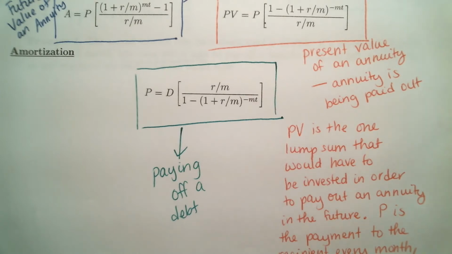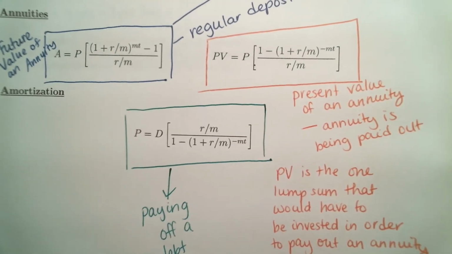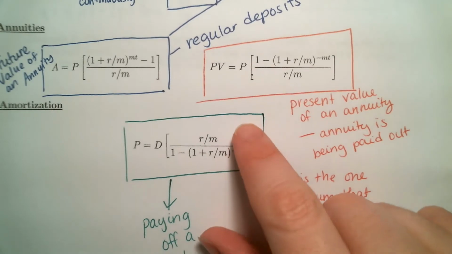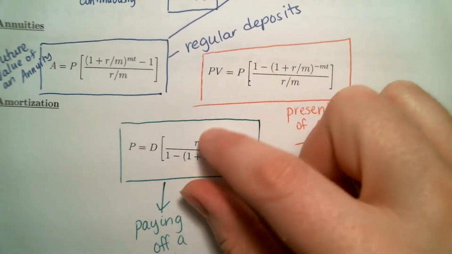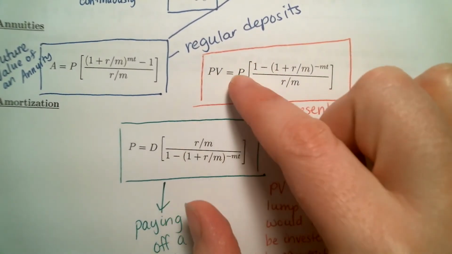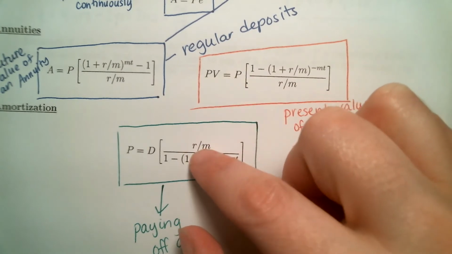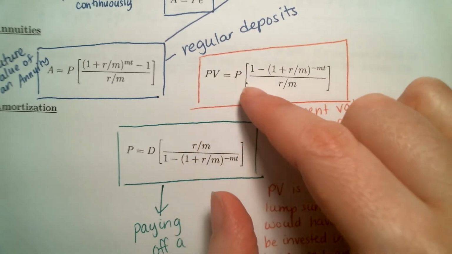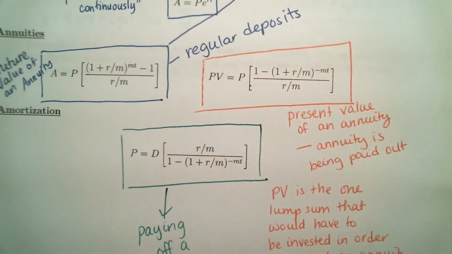So what I recommend for a problem like this, remember I told you earlier that these two formulas are equivalent. The amortization formula is equivalent to the present value of an annuity formula.